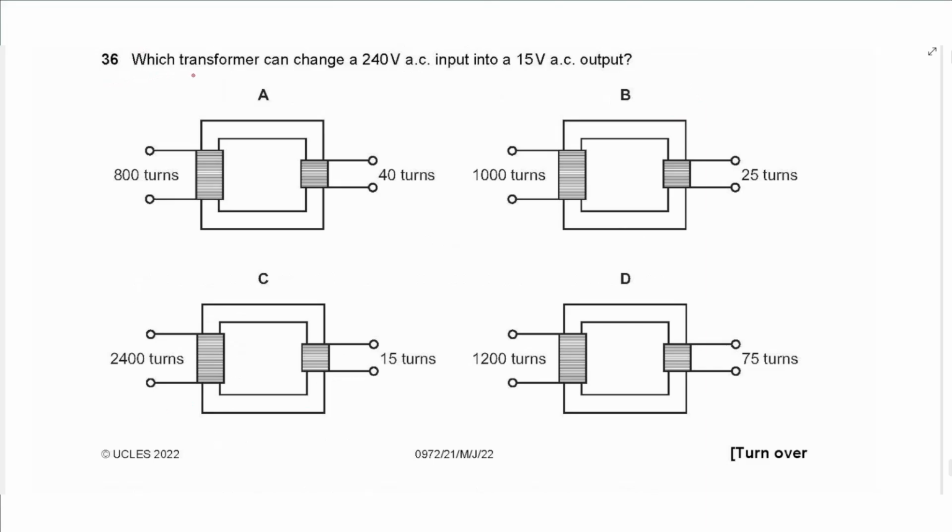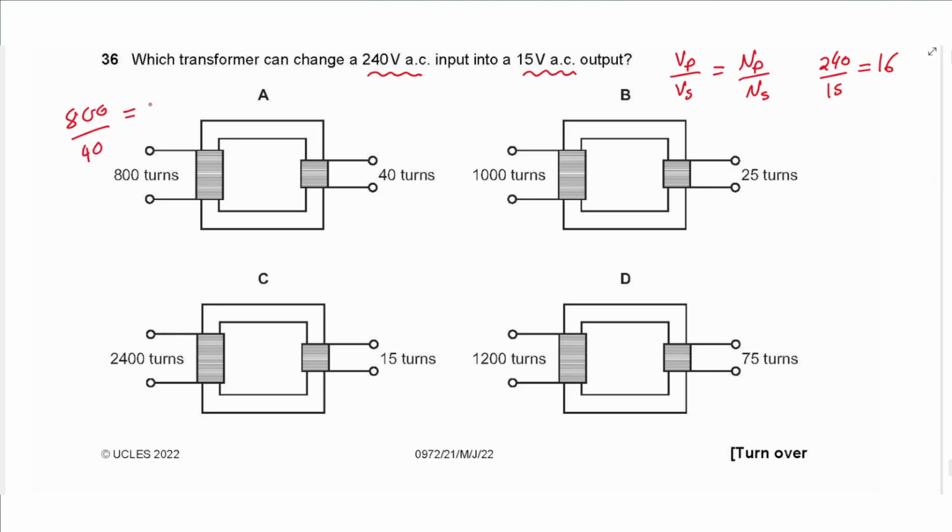Question 36 says which transformer can change 240 volts AC into 15 volts AC? We can use the equation VP over VS is equal to NP over NS. So VP over VS is 240 divided by 15. This gives an answer of 16. And we divide the number of turns. Here we have 800 over 40.